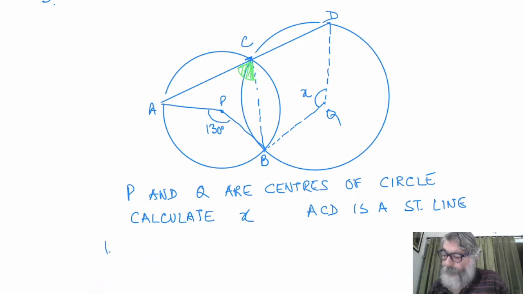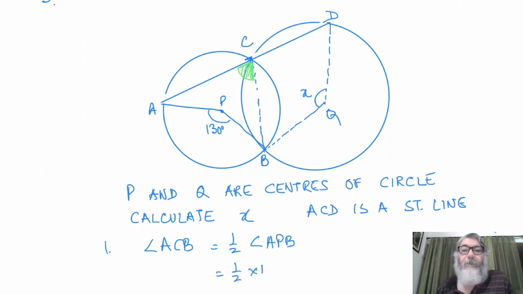Angle ACB will be half of angle APB, which is half of 130, that will be 65 degrees.